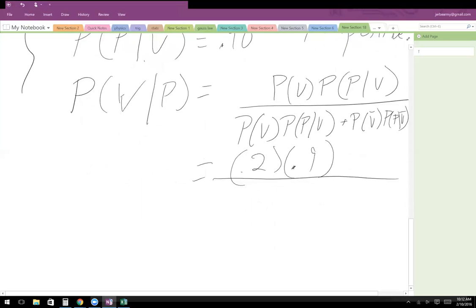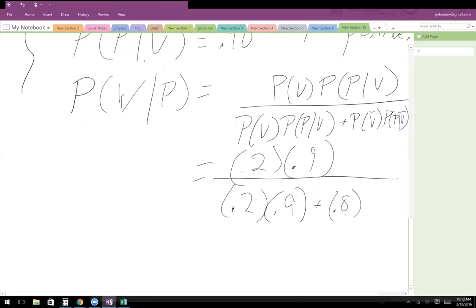Right? Same thing on bottom. Probability have the virus 0.2. Probability they test positive if they have the virus 0.9. Okay, probability they don't have the virus. What's the probability someone in this at-risk group doesn't have the virus? 0.8.